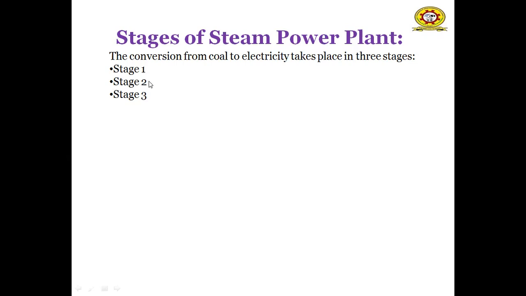In the third stage, the mechanical energy produced by the turbine gets converted into electrical energy, as the turbine is coupled with the generator and produces the electricity. So these are the three stages of steam power plants.